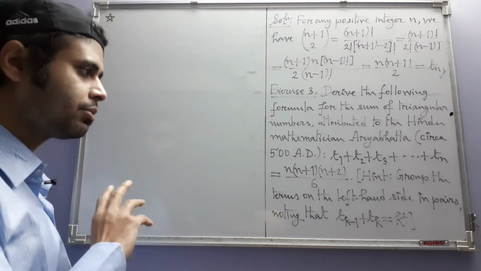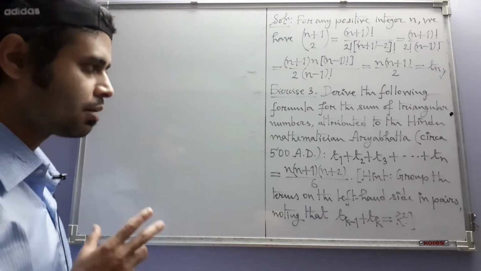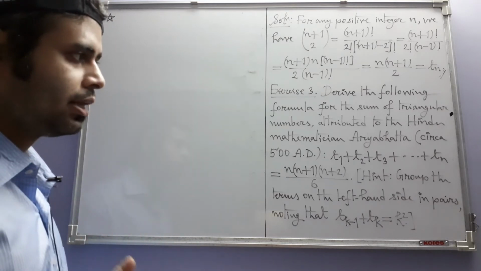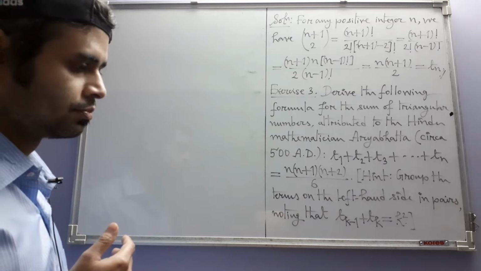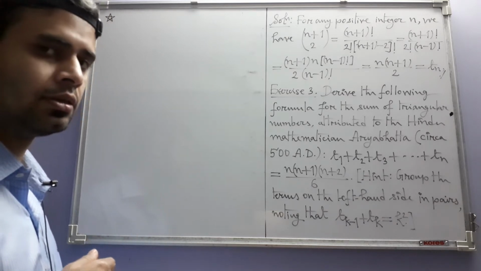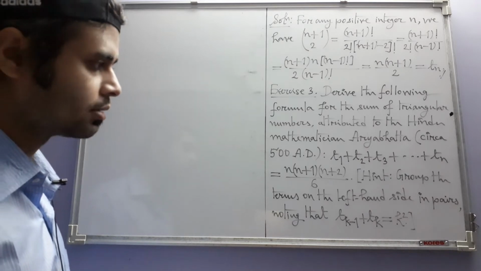So you just have to carry out the induction step. Sometimes the induction step becomes very difficult. So in that case, you have to look for other approaches, maybe proof by contradiction or some sort of direct argument.